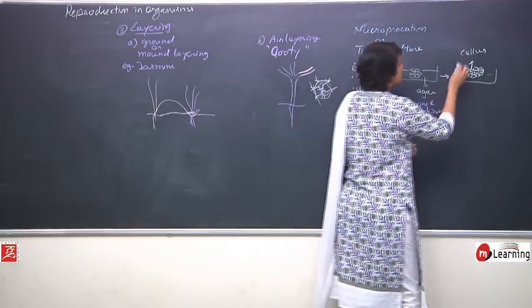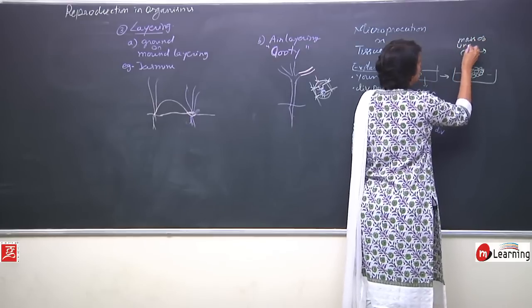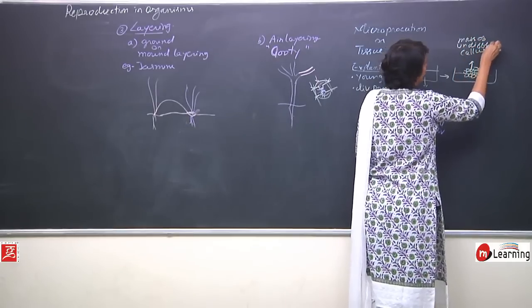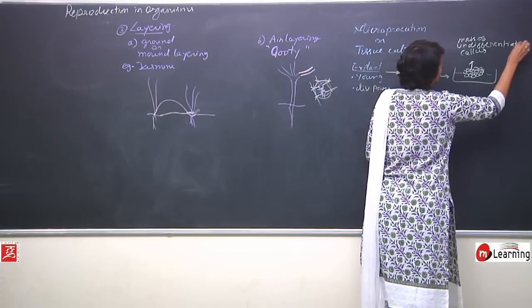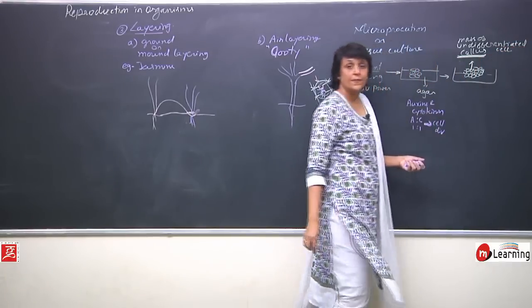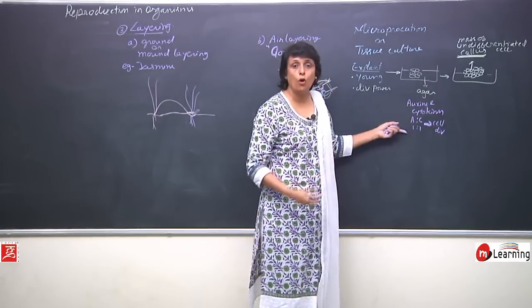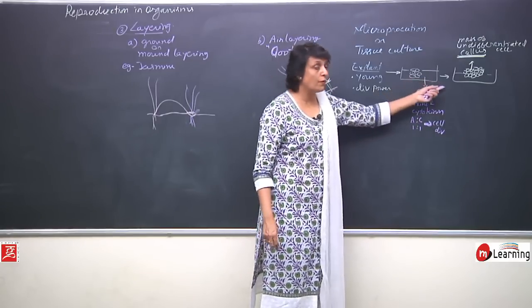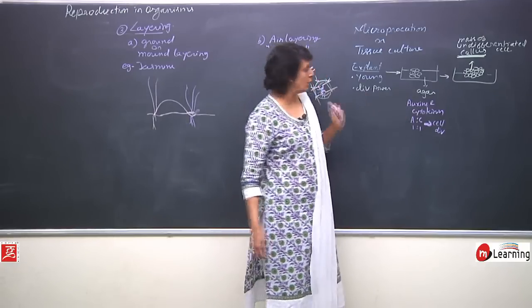Callus is a mass of undifferentiated cells, which is known as callus. Why is this happening here? Because the combination of hormones that we have provided in the medium is 1:1 auxin to cytokinin.